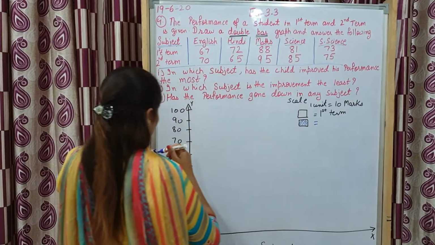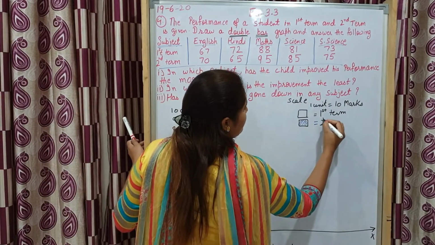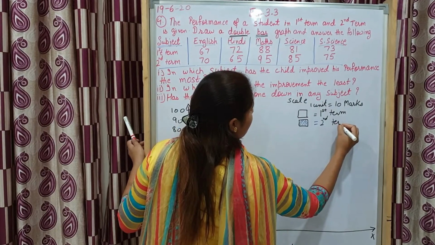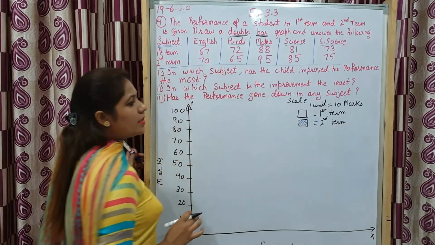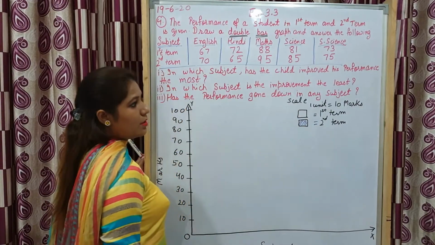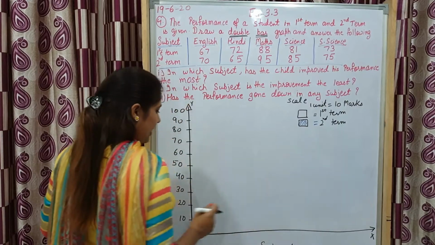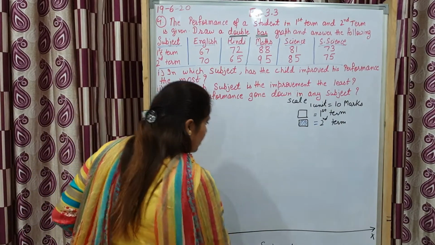This type of line will represent second term. In this way we can distinguish between first term and second term. Where it is plain, that will be first term, and where it is lined, that will be second term marks.